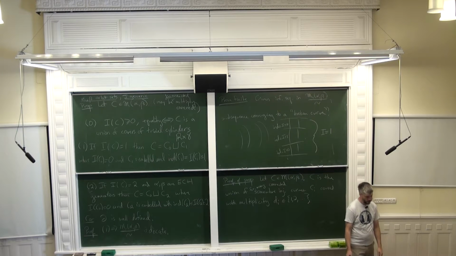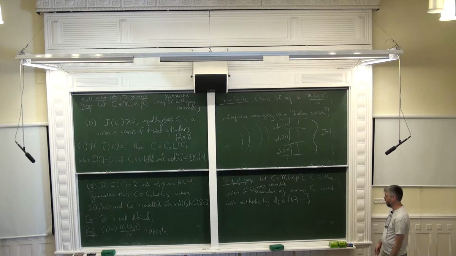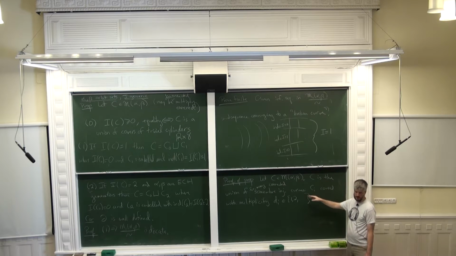So any holomorphic curve can be decomposed in this way. So then the question is, how does the index of C relate to the indices of the C_i?